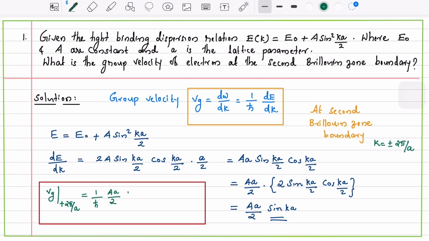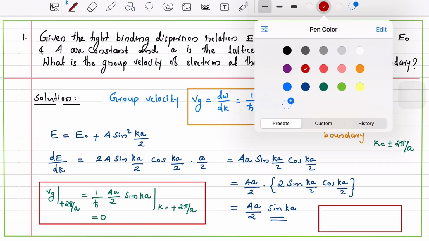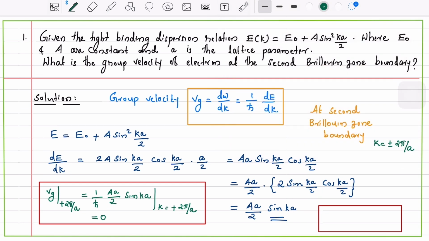That is 1 by h bar A a by 2 sine ka at k equal to, first, plus 2 pi by a. When you substitute k equal to plus 2 pi by a in the expression for Vg, the term will be 1 by h bar A a by 2 sine 2 pi, which is 0. Similarly, the group velocity at minus 2 pi by a is also 0.